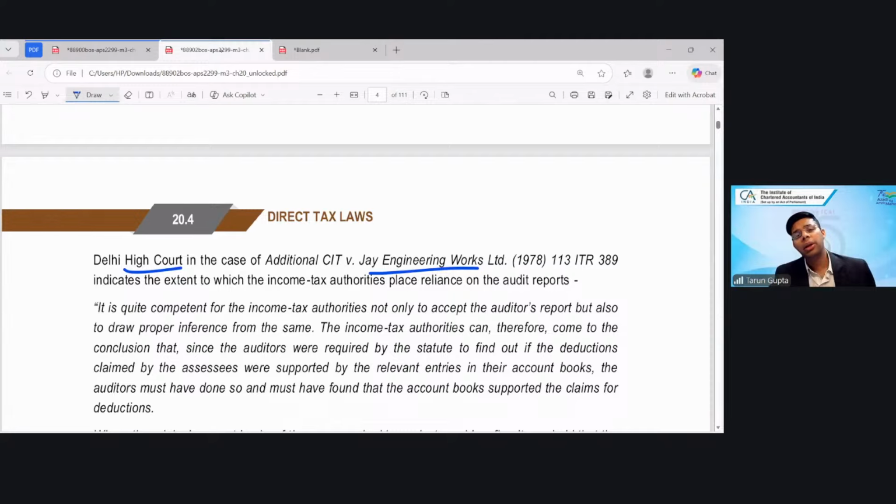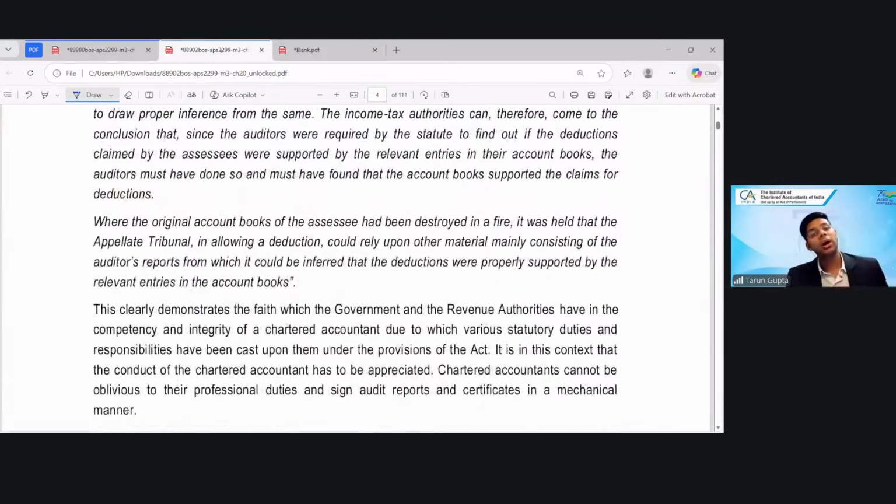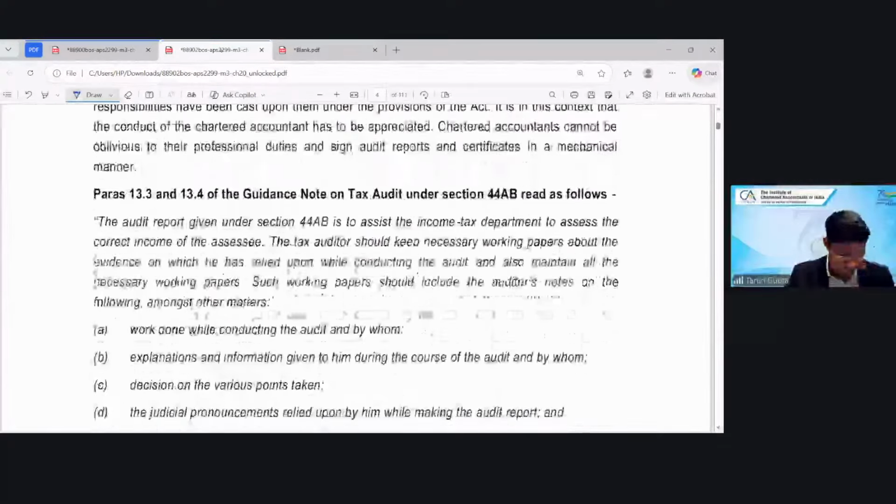It says once the report is furnished, it substantiates that the expenses were claimed on the basis of evidence. It is certified by a chartered accountant, and that certificate has a lot of value and cannot be ignored. Only on the basis of such certificate the deduction was allowed. So this is the trust which the judiciary places on our certificates.